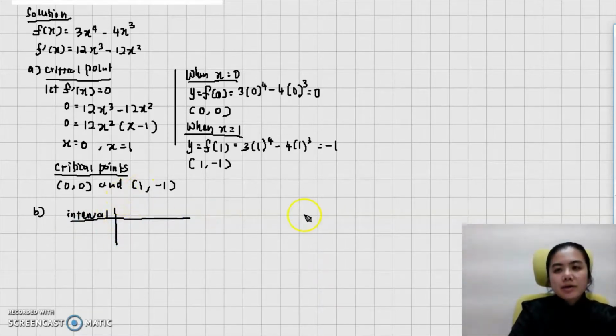Our critical points here, we have two: one is (0, 0) and another one is (1, -1). What we need here is just the x value. So we just have x equal to 0, x equal to 1.